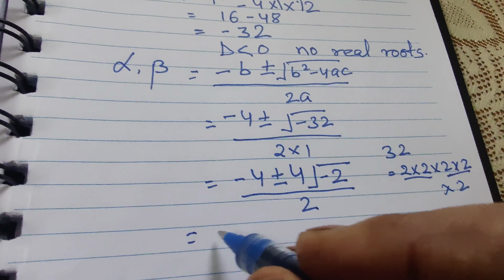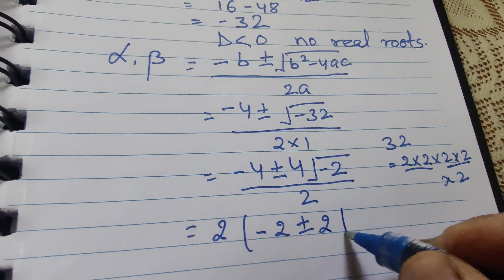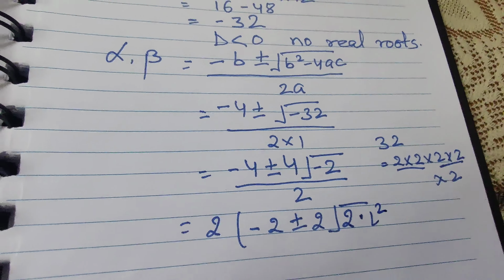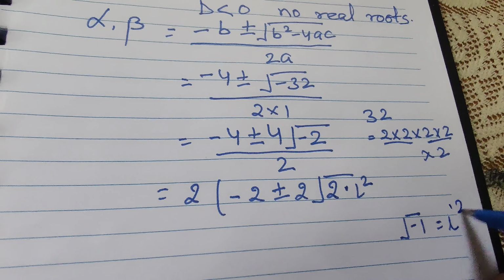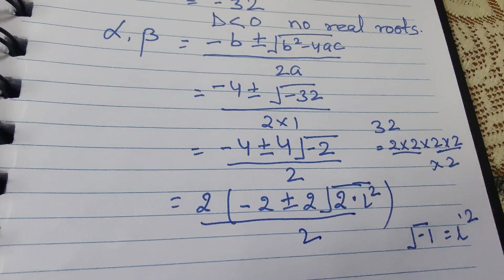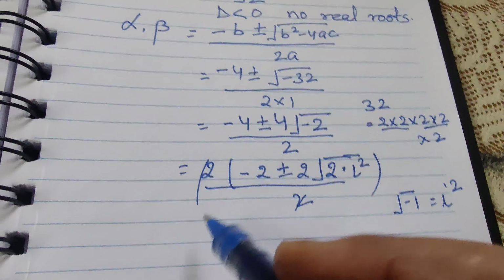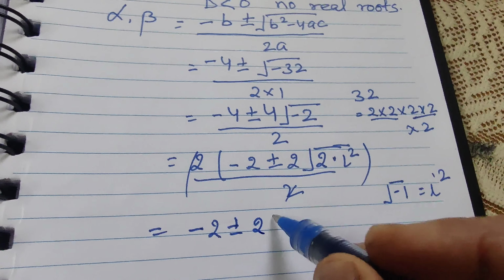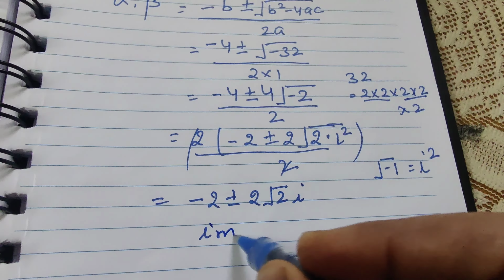Taking 2 common, we get minus 2 plus minus 2 under root minus 2, i, since for imaginary we know that minus under root 1 is equal to i square. Cancel by 2. Now we can write minus 2 plus minus 2 root 2i. These are the imaginary roots.